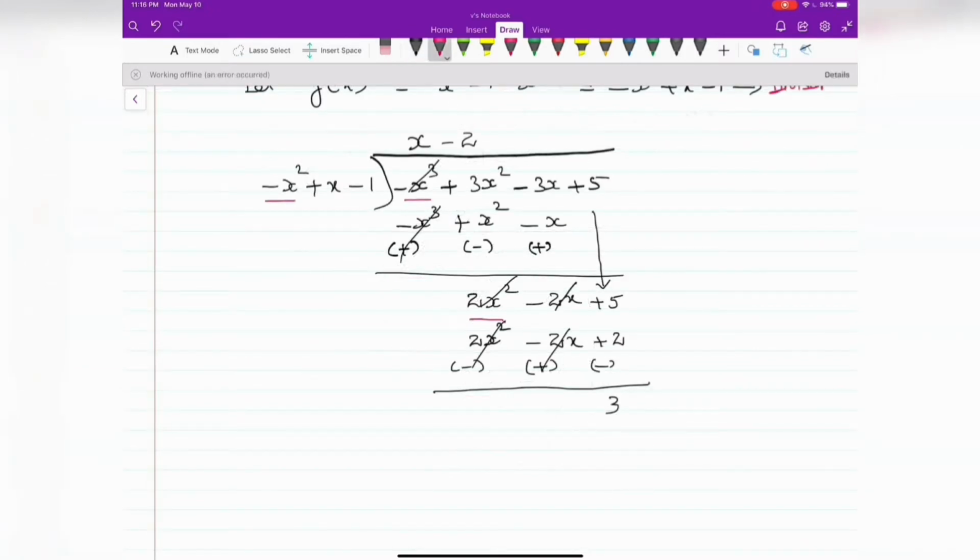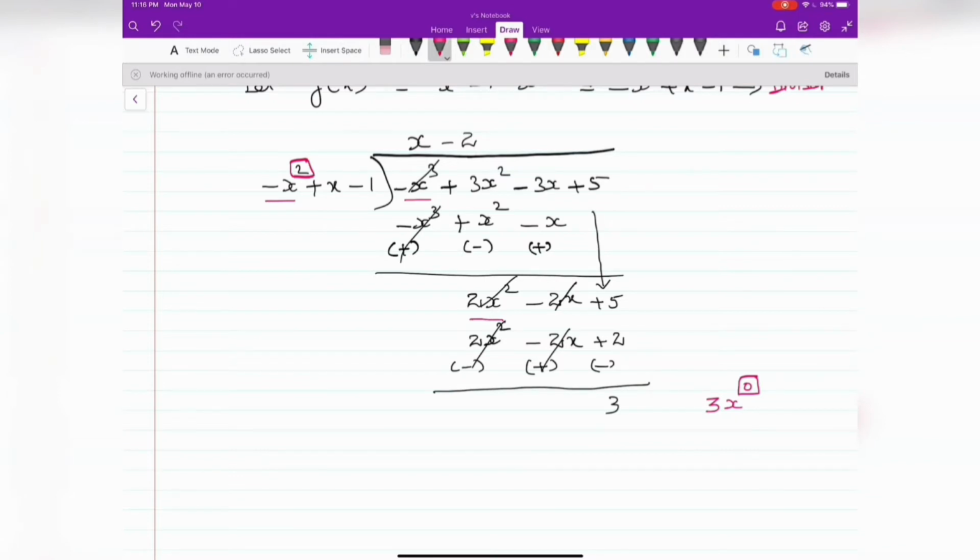Now I have to stop the division process because 3 can be written as 3 into x power 0. So the degree of the remainder is 0, whereas the degree of the divisor, if you look here, is 2.